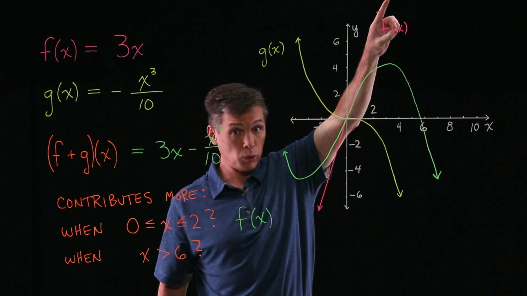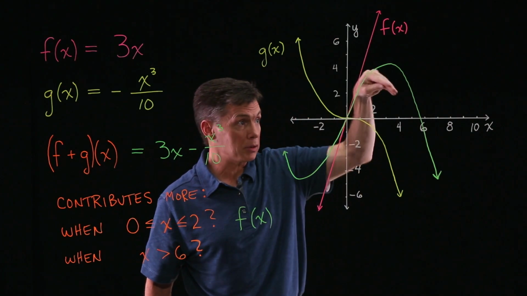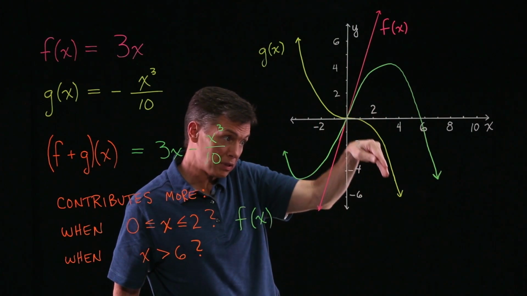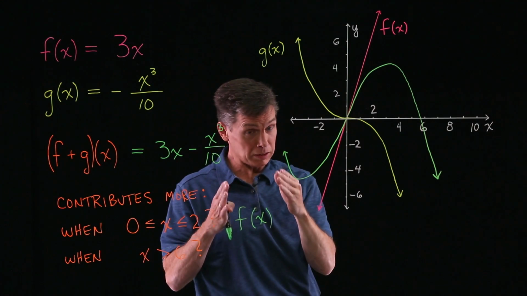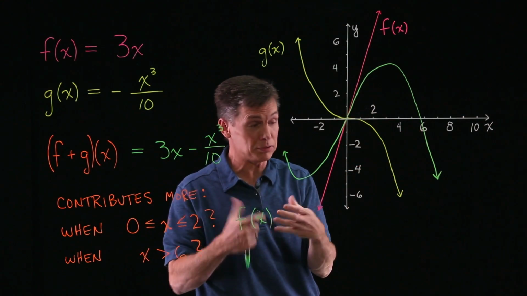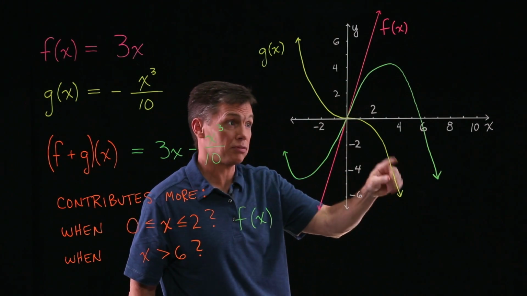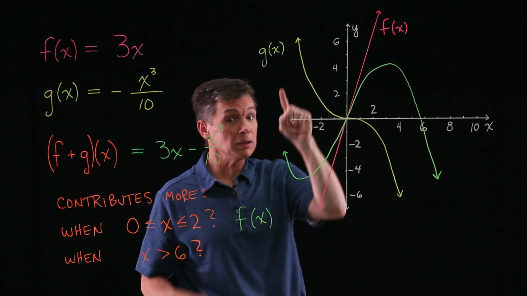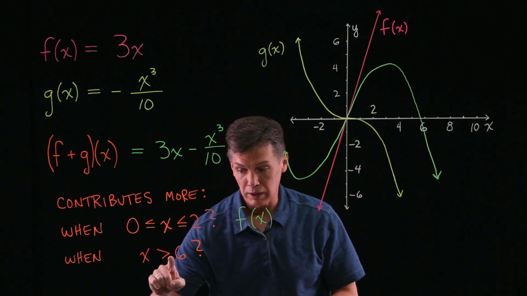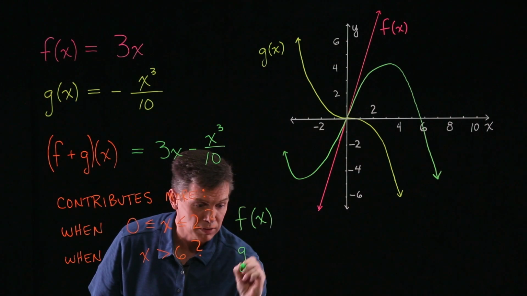It went way up very quickly. But my green graph is going down, down, down. In fact, mimicking the behavior of the yellow graph. That's telling me the green graph is being very strongly influenced by the yellow graph, which was g of x. So my answer, which contributes more when x is greater than 6? The g of x graph.